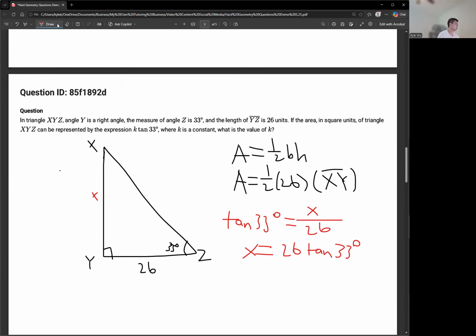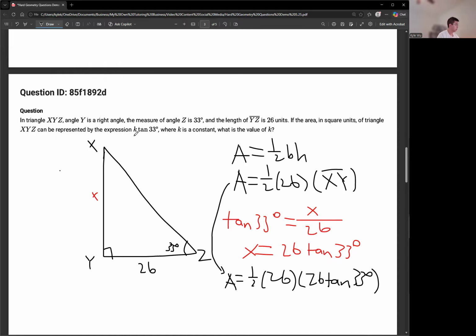And so we can plug in that height into the area equation. And so now we get area equals 1/2 times 26, which you had before, times the height, which we just found is 26 times tangent of 33. And this is perfect, right?